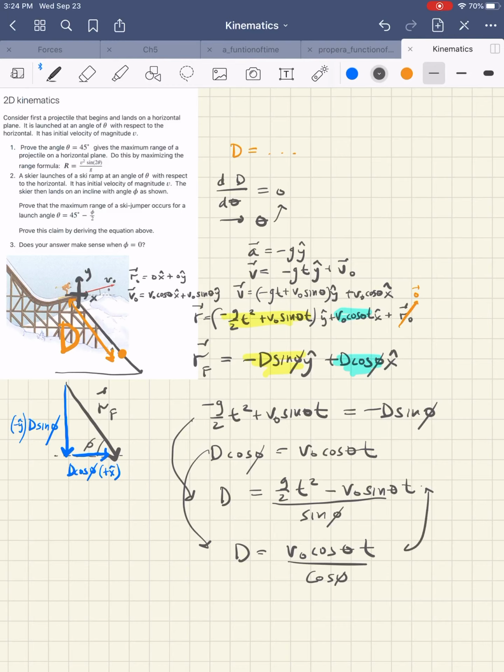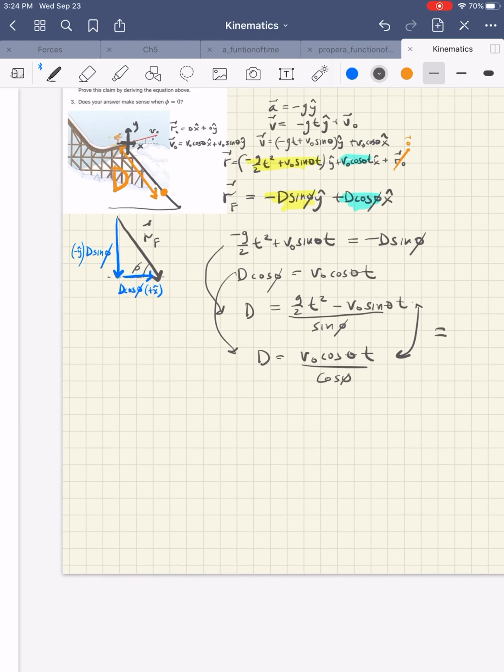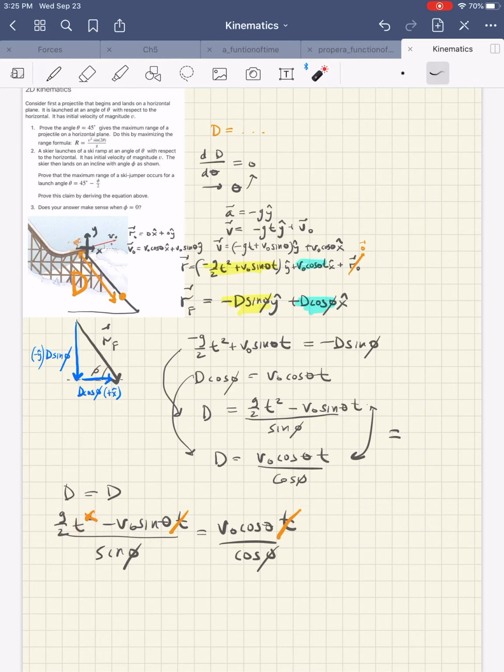So all I'm going to do is set them equal to each other and use that to solve for time. So setting them equal, d equals d effectively gives me g over 2 t squared minus v naught sine of theta times time, divided by sine of phi, equals v naught cosine theta times time over cosine of phi. Dividing both sides by t, I get cancellation of one t, and I'm able to isolate a single t and solve for that.